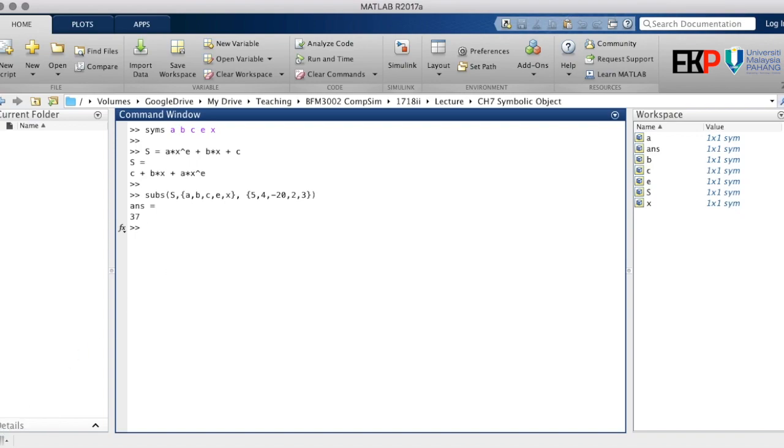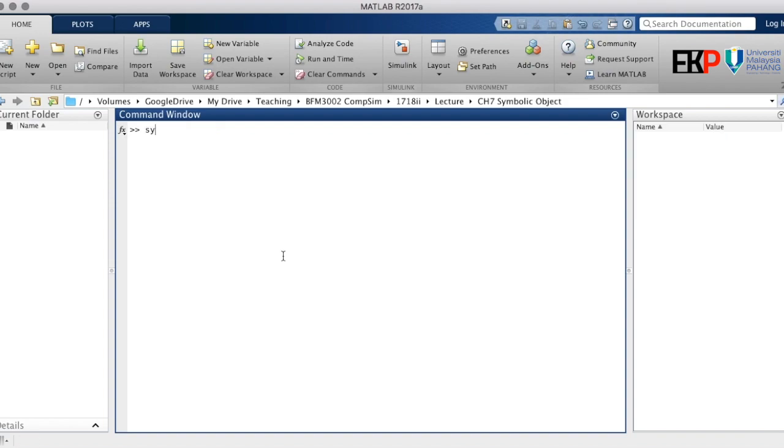And there is also another way of substituting numerical values into a symbolic expression. Let's take a look at this example. Say we define symbolic objects a, c, m, x, and y. And we have the expression of s equal to a times cos of m times x plus c times y.